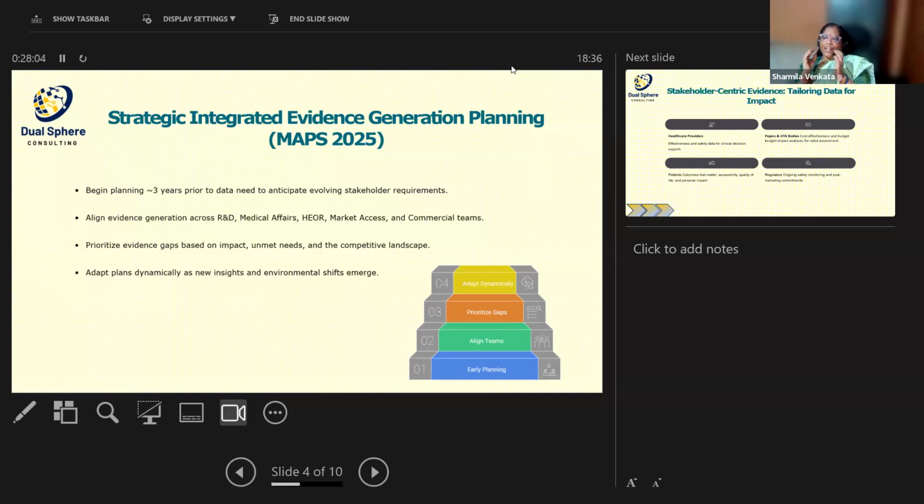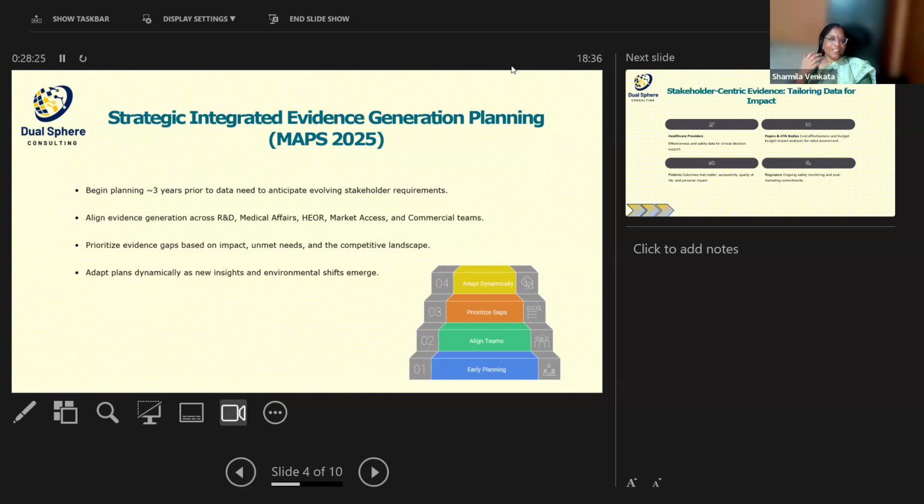It's like organizing a wedding. You can't start a day before, right? You plan the guest list, book the venue, coordinate vendors, and adapt if something changes, like the weather, and so on, right?